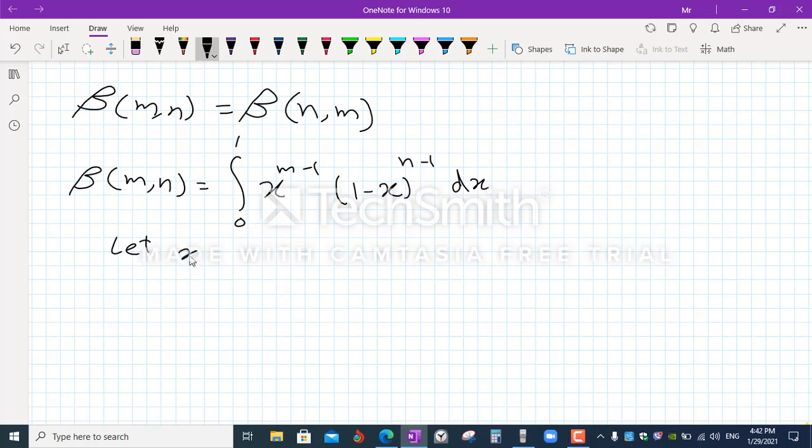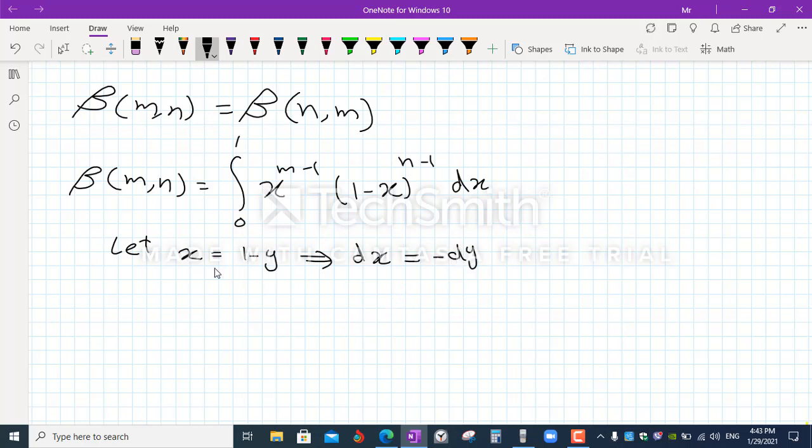So let x be equal to 1 minus y. Now whenever we let x be equal to something, we need to find dx. So if x is equal to this, what will happen to dx? We find the derivative of both sides like this. dx is equal to the derivative of 1, which is 0, and the derivative of negative y, which is negative dy.